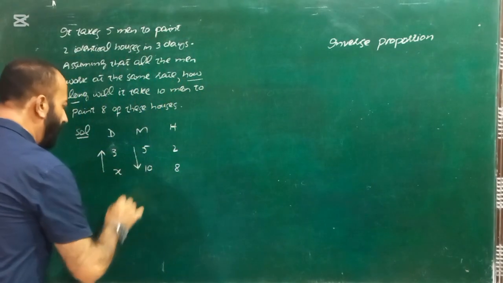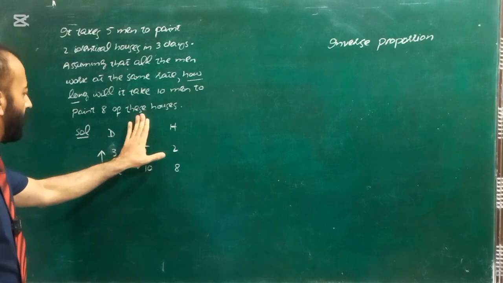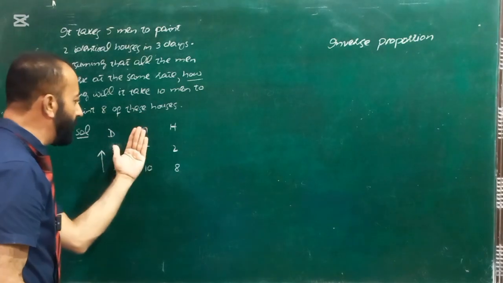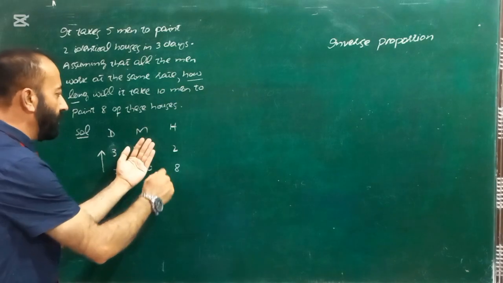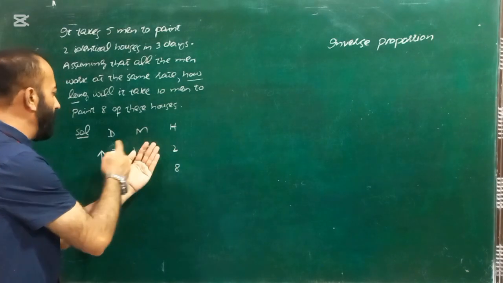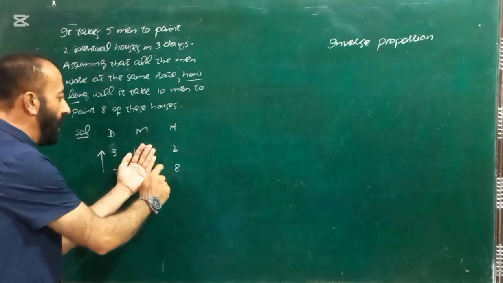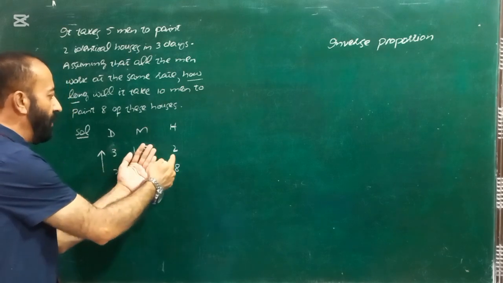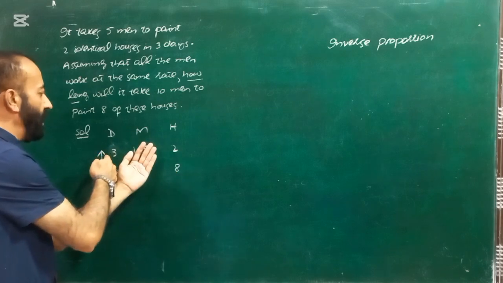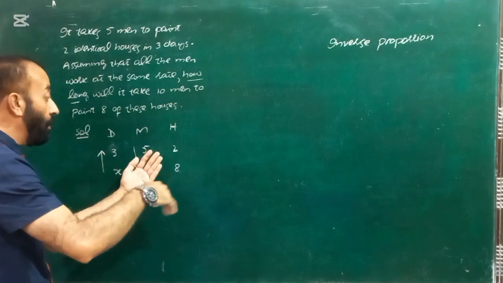So look now, this is done. Now we will cover this. So some men paint 2 houses in 3 days. The same number of men will paint 8 houses in how many days? If 2 houses are painted in 3 days, 8 houses will be painted in more days.